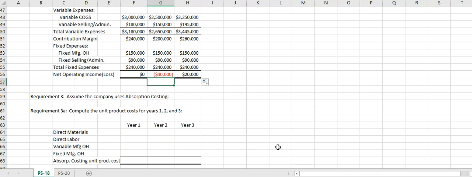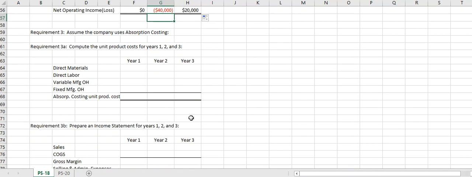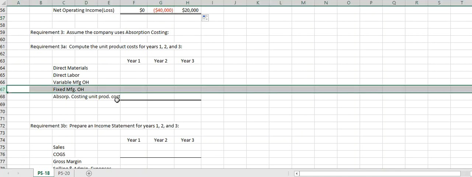It says assume the company uses absorption costing, and the first thing we're going to do is compute the unit product cost for years 1, 2, and 3. So this is almost like what we did with the variable unit product cost, except this time we're going to consider our fixed manufacturing overhead. So if you'll notice, I've added a line right here that is fixed manufacturing overhead. The rest of it is the same: direct material, direct labor, and variable manufacturing overhead.